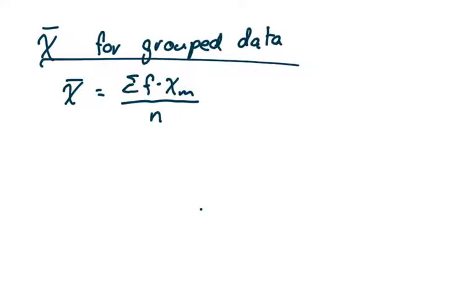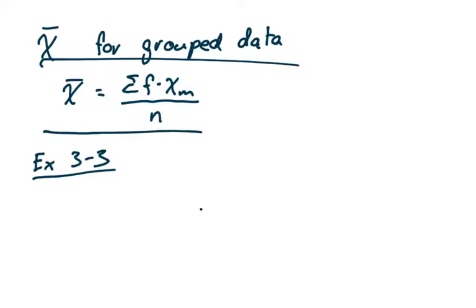And just a casual mention of this, finding the sample mean for grouped data is given by this formula here. And so here we should see example 3-3 as an illustration of what this principle is.